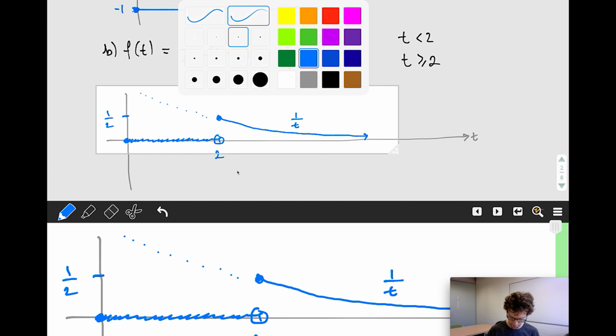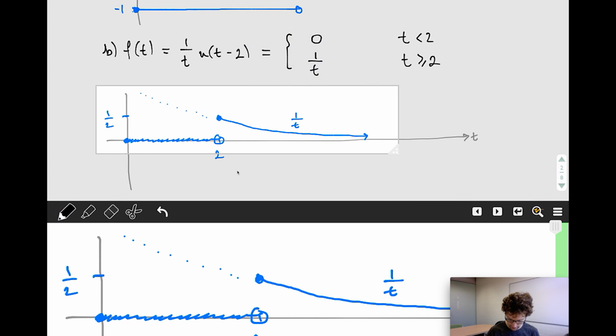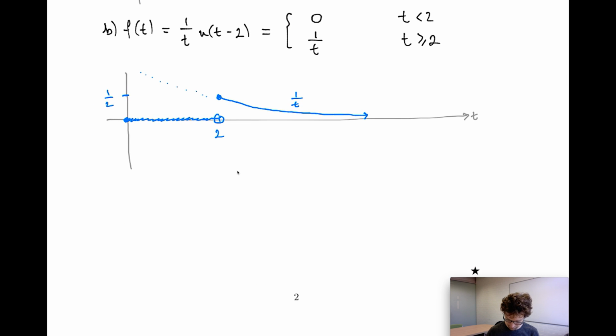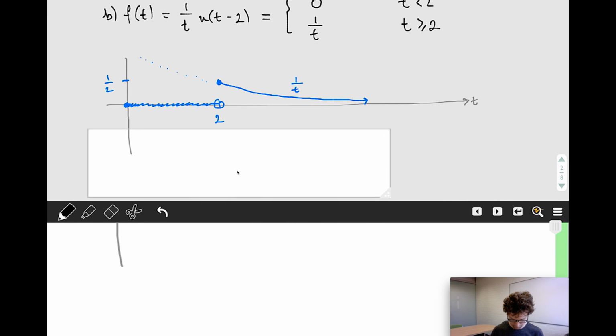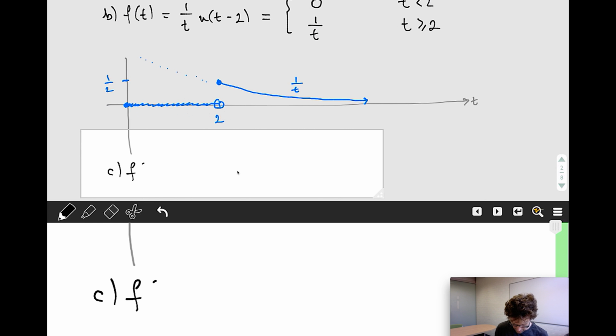So in the next function that we're looking at, we're looking at c. f of t is equal to t minus 1 cubed, u of t minus 1.